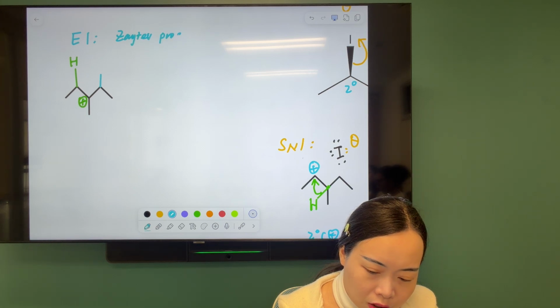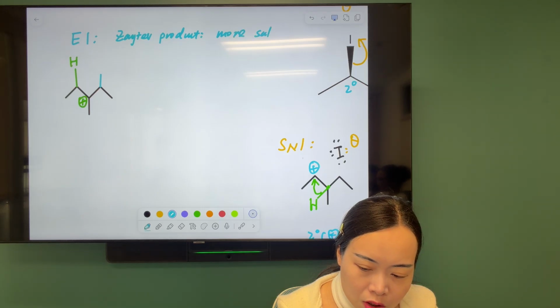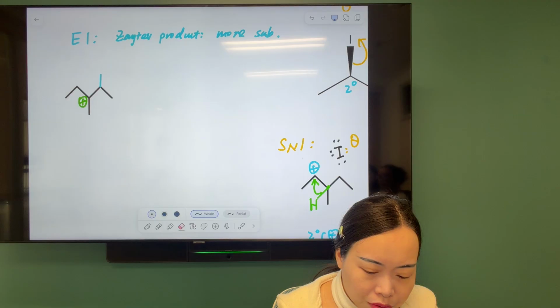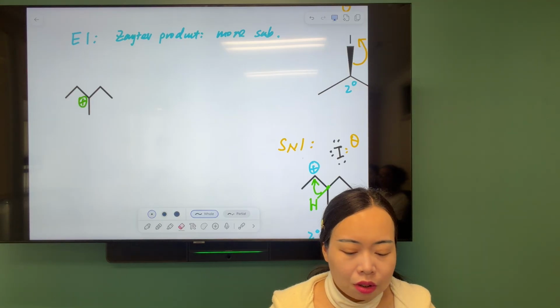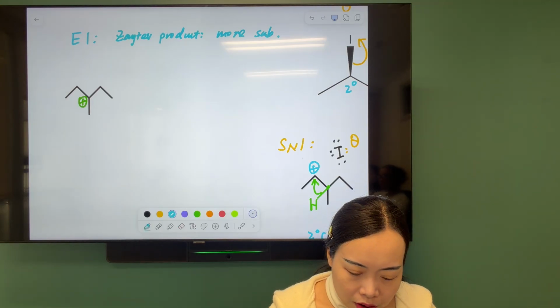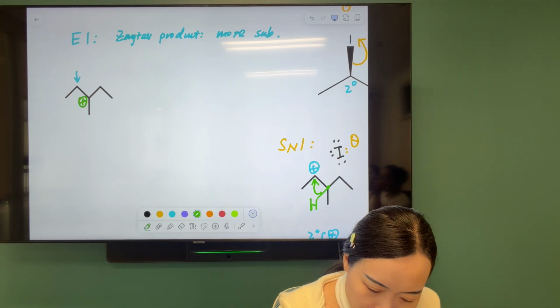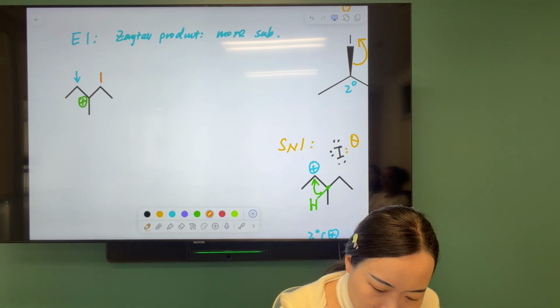Zaitsev product means more substituted. With me? Okay, if I want to make the more substituted, now I'm going to remove the hydrogen. We're just going to deal with this. There are 1, okay, orange, 2, and 3.